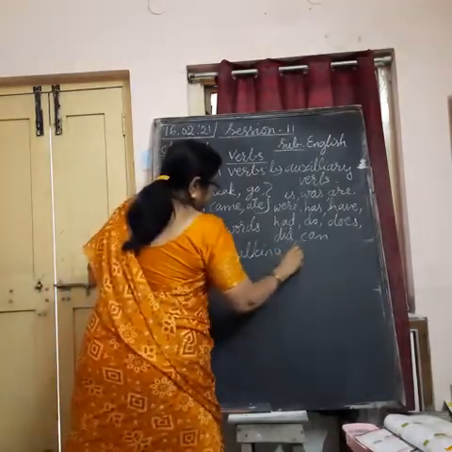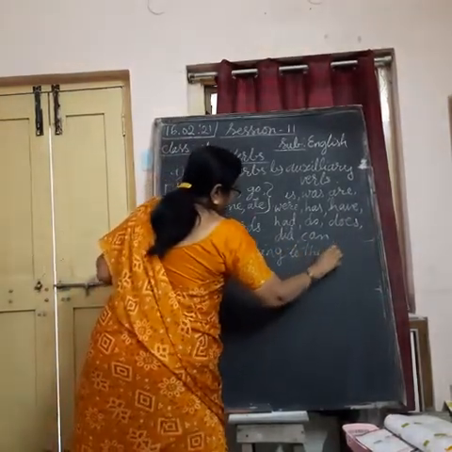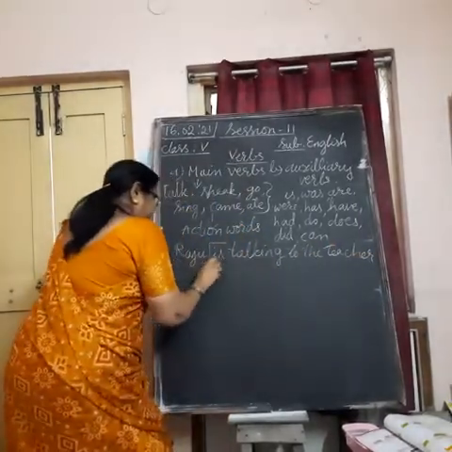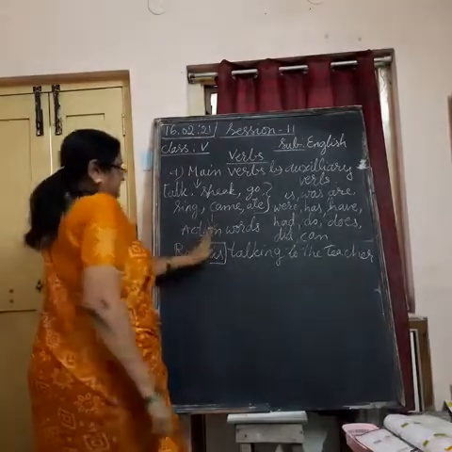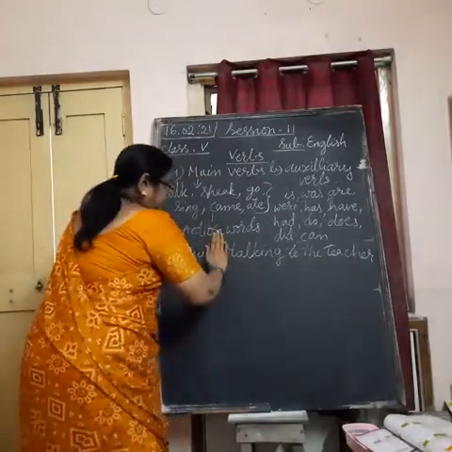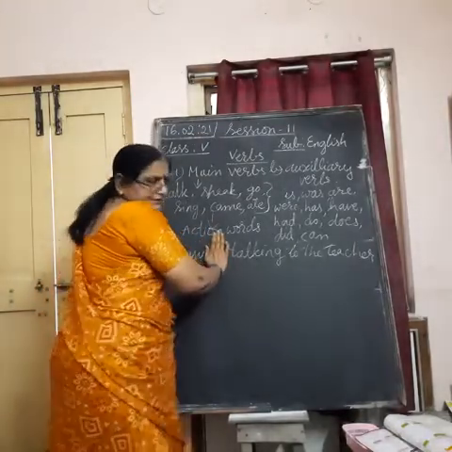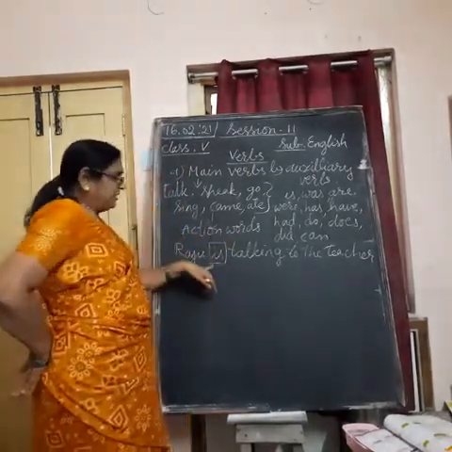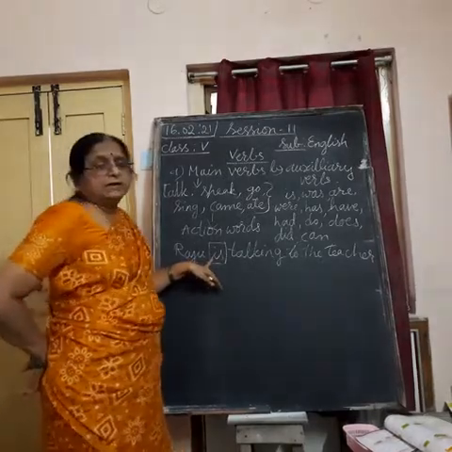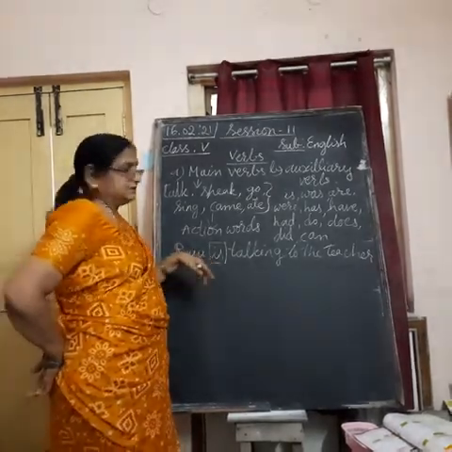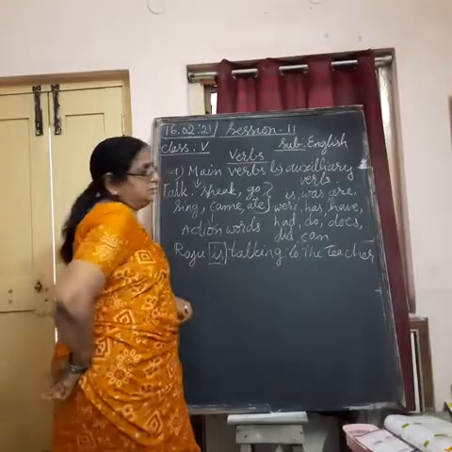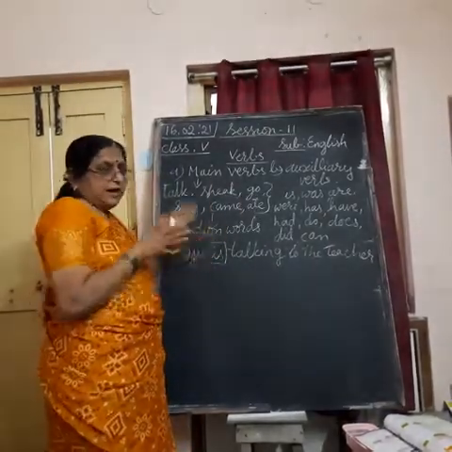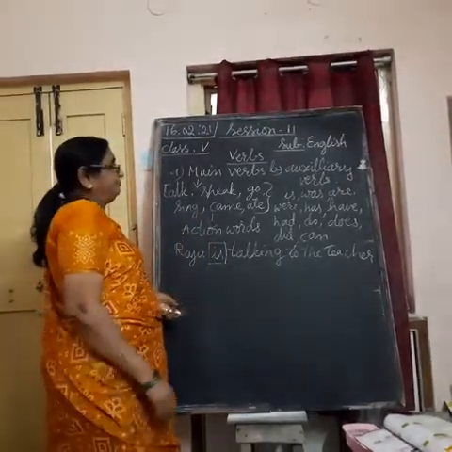Here, if I don't use the auxiliary verb, I put the hand like this: Raju talking to the teacher. It doesn't give any proper meaning. If I remove the hand and read is, then you can understand its sense. Raju is talking to the teacher. It shows that he is in the process of talking. At present, he is talking.